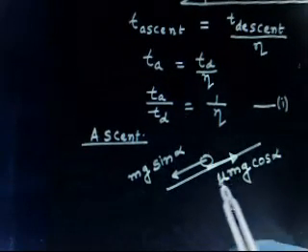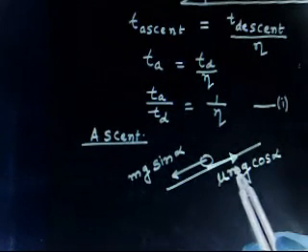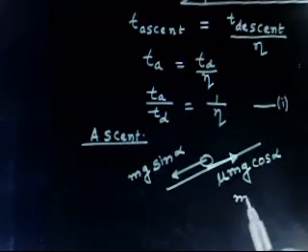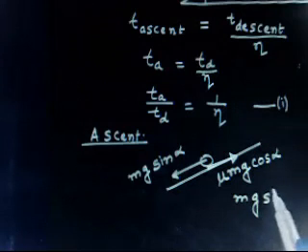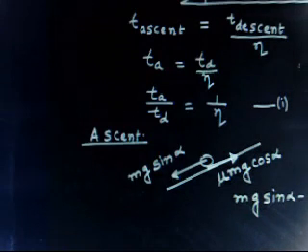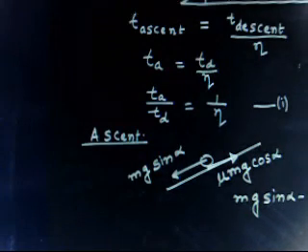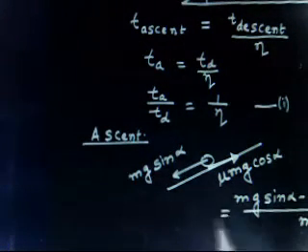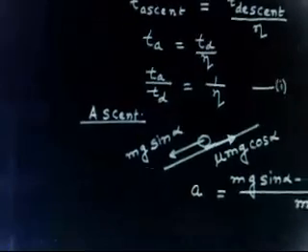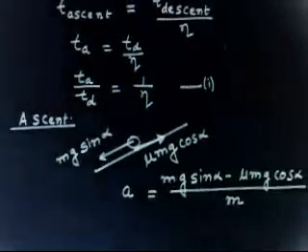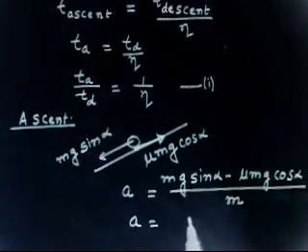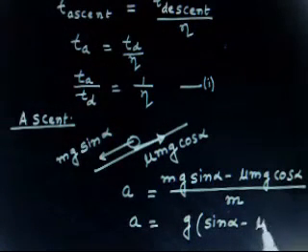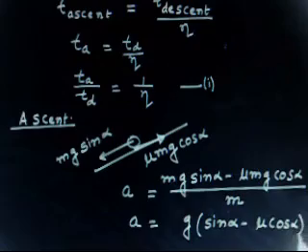So the deceleration of this block will be mg sin alpha minus mu mg cos alpha, divided by m. So this is the deceleration. Are you getting? So the deceleration is g sin alpha minus mu cos alpha, times g.